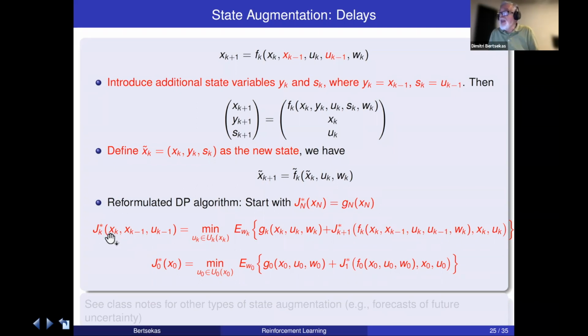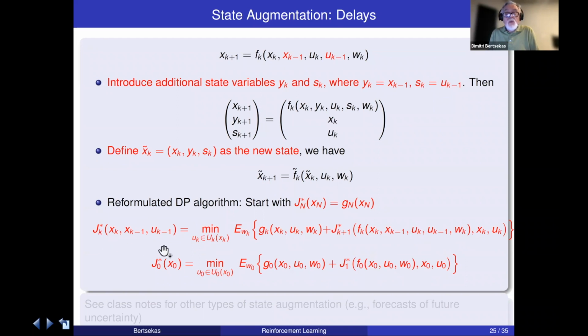So at time k, you measure your current state. You have kept in memory the delayed state. You have kept in memory the delayed control, the control one step earlier. And then you do this minimization.